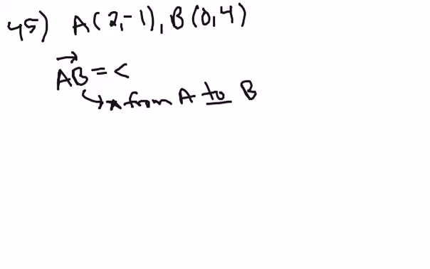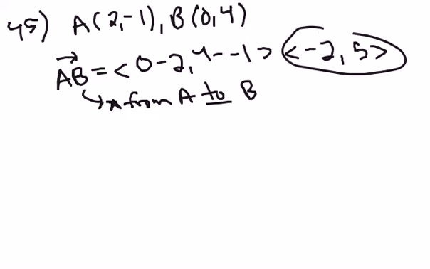So I'm going from A to B, which means I take the components of B and subtract the components of A: 0 minus 2 for the x components, and 4 minus negative 1. That gives me (negative 2, 5), and that is B. So the answer would be B.